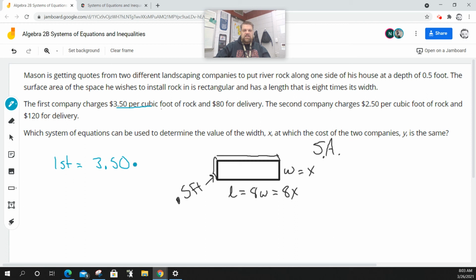I don't want to call it x again, so we'll just say f for cubic feet, plus $80 for delivery. And then the second company charges 250 and 120. So the second company charges 250 per cubic foot plus 120.